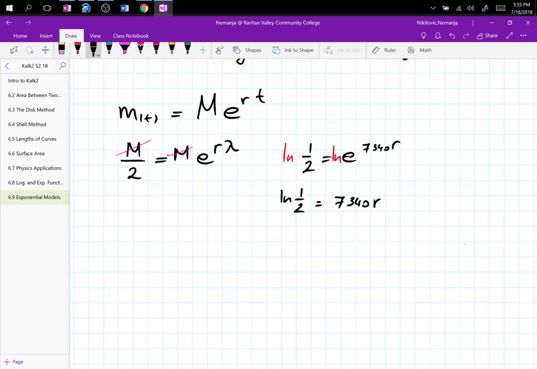Then you can calculate this value as ln of 0.5 divided by 7340, which gives negative 0.0009443. So r equals this number.